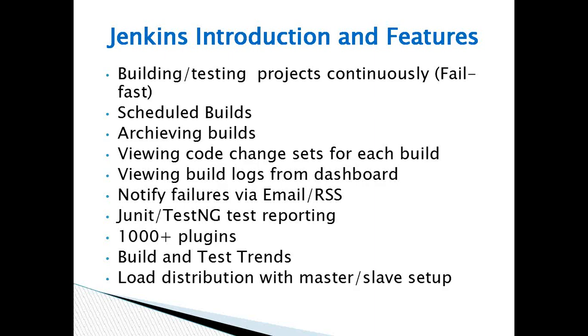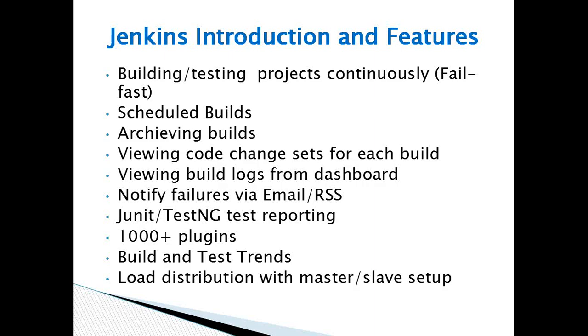In case of a build failure, you can directly look at the logs and fix it. Because you can access these logs from anywhere, you need not connect to the build machine and check the logs.